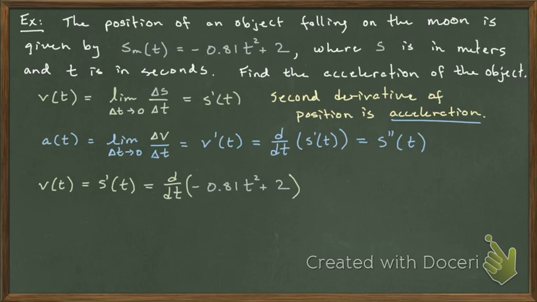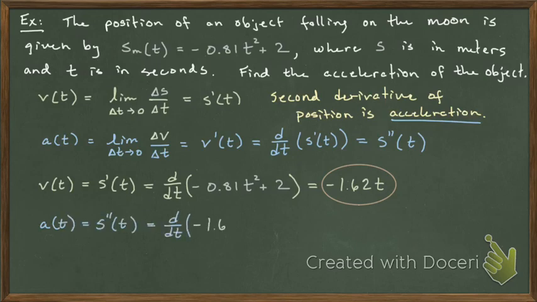If I bring the exponent 2 down and multiply it by 0.81, I've got minus 1.62 t. Subtract 1 from the power, plus the derivative of 2 is 0. To get acceleration from this, I take another derivative. Acceleration is the second derivative, the next derivative of minus 1.62 t, which is just minus 1.62.